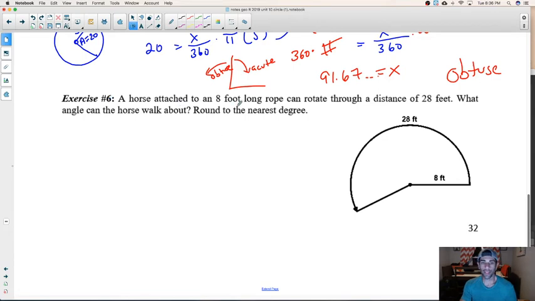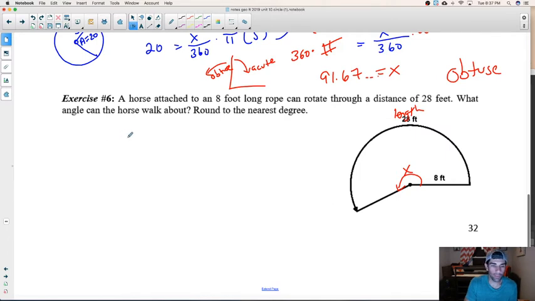A horse is attached to an 8-foot long rope and can rotate through a distance of 28 feet. What angle can the horse walk about? So I want to know, what is that angle right there? And now this is a length.